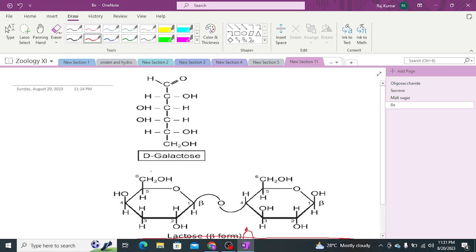I guess that's all. And there's a simple difference between glucose and galactose sugar. What is the simple difference?